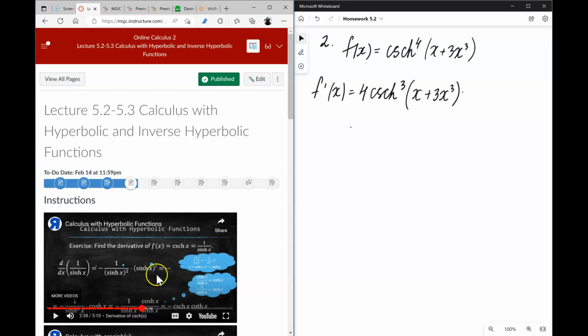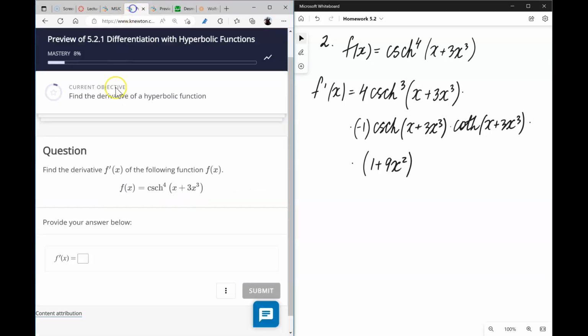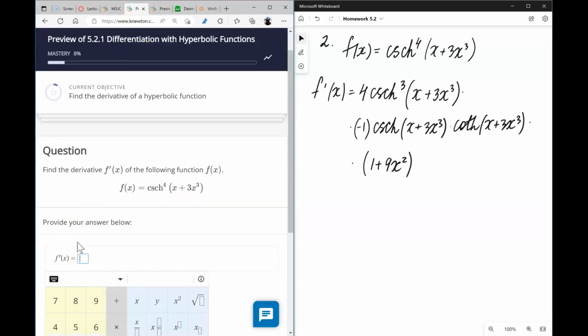It's negative cosecant cotangent, so I'm going to multiply by negative 1 cosecant of x plus 3x cubed cotangent of x plus 3x cubed, and multiply by the derivative of x plus 3x cubed, which is 1 plus 9x squared. So that's the answer.